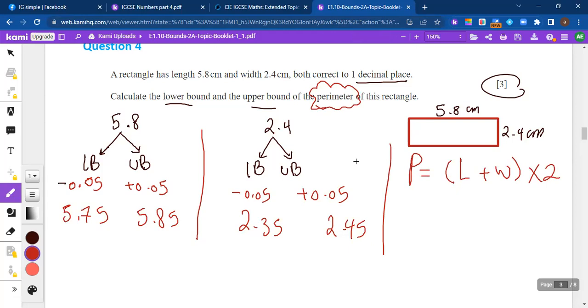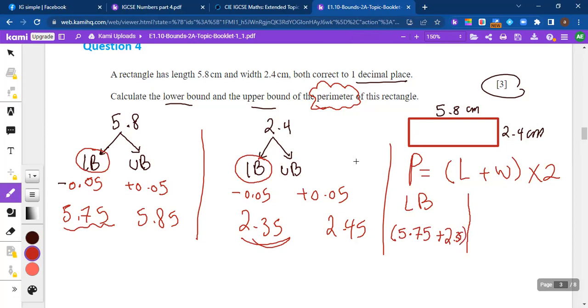To find the lower bound, use the lower bound. It will be 5.75 plus 2.35, times 2.